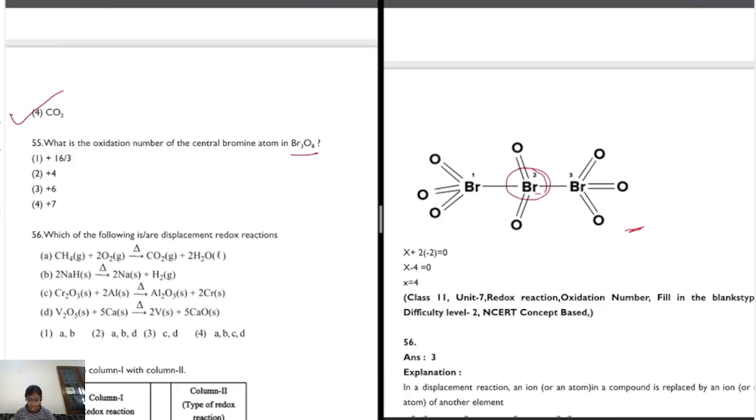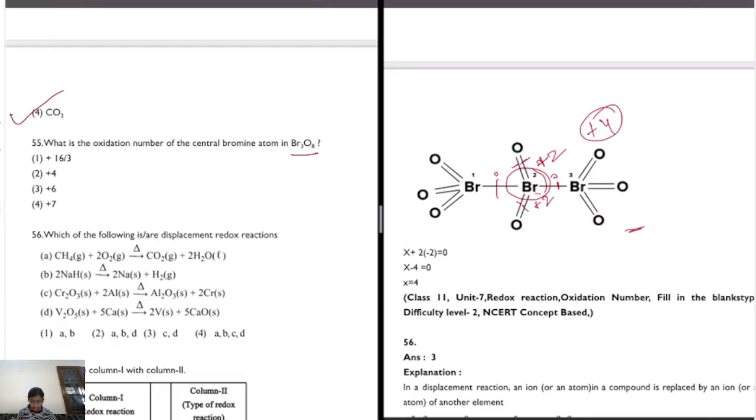We'll consider it as X. We can do this using two methods. As I told you earlier, by breaking the bonds, here it will get plus 2, and from here also it will get plus 2. And this is 0 because it is the same atom. Therefore, the final oxidation state will be plus 4.